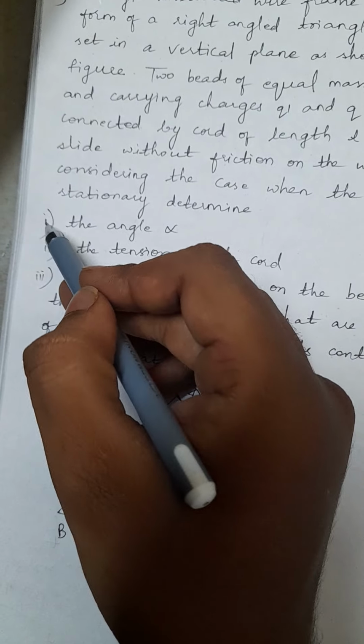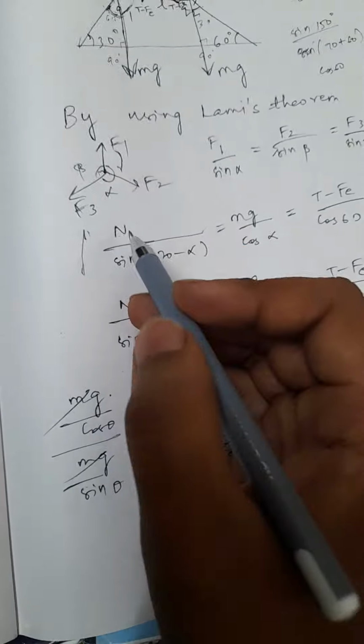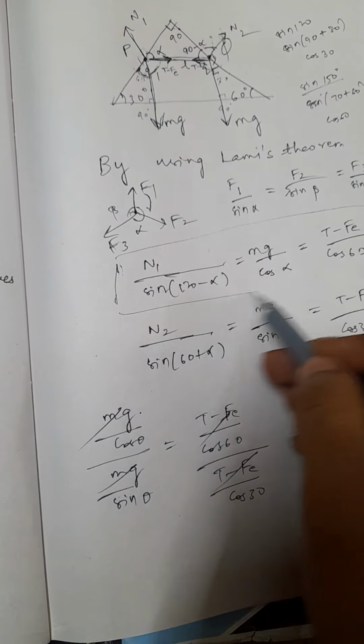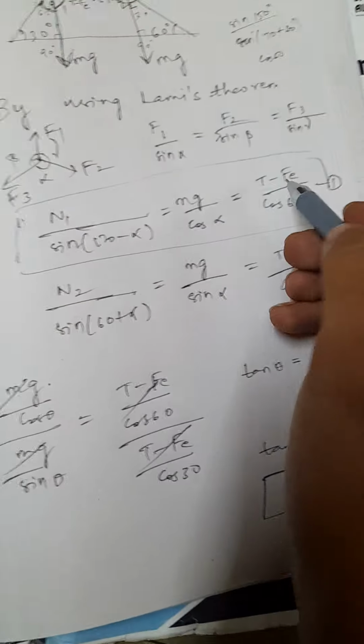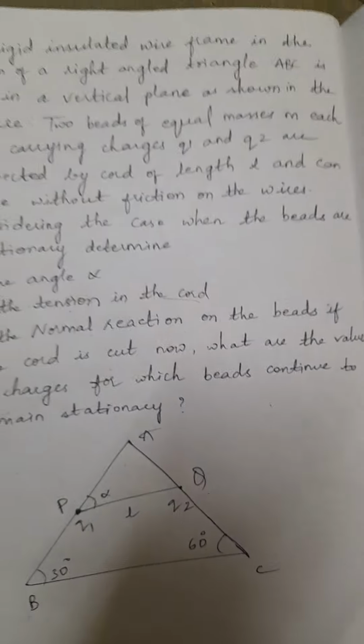Okay, we have solved the first part of the question, which is the angle alpha. We need to find the tension in the cord. To do that, we'll use this first equation and find the value of the tension. We'll be taking these two parts here. So mg by cos alpha is equal to t minus fe by cos 60.